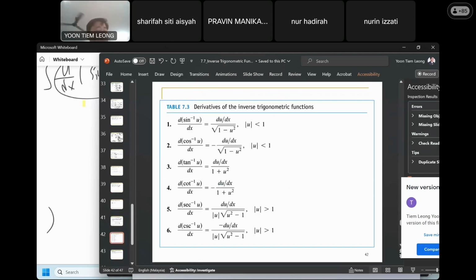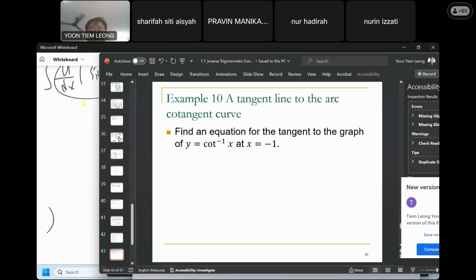So this is a summary of the derivative of all the 6 inverse trigonometric functions. This is example 10. You just need to calculate the derivative of the function arccotangent at x equals 1 to slot in the values. Then you calculate the formula for it. Please read this yourself. We are not going to discuss this here.